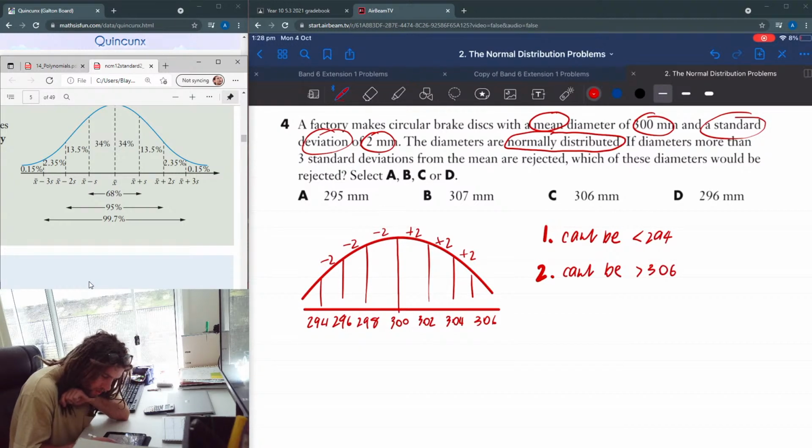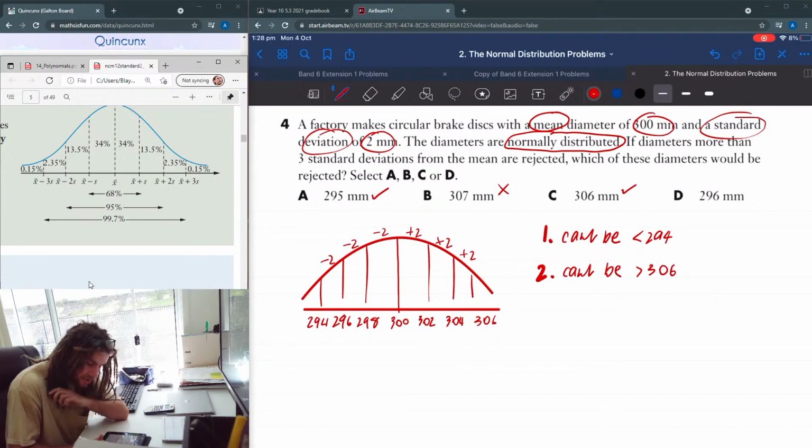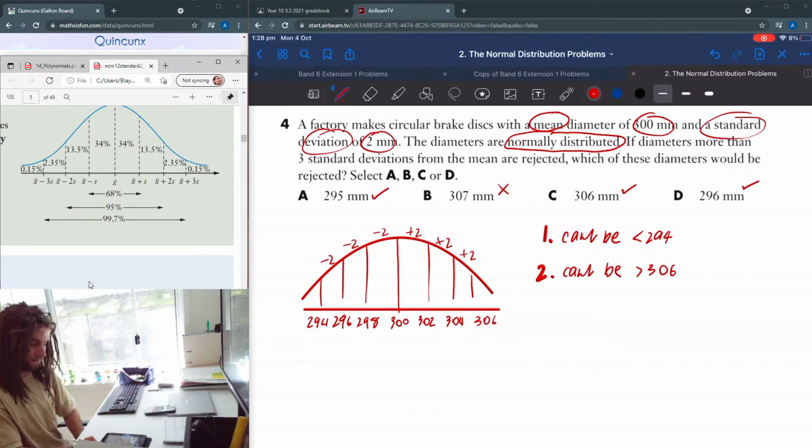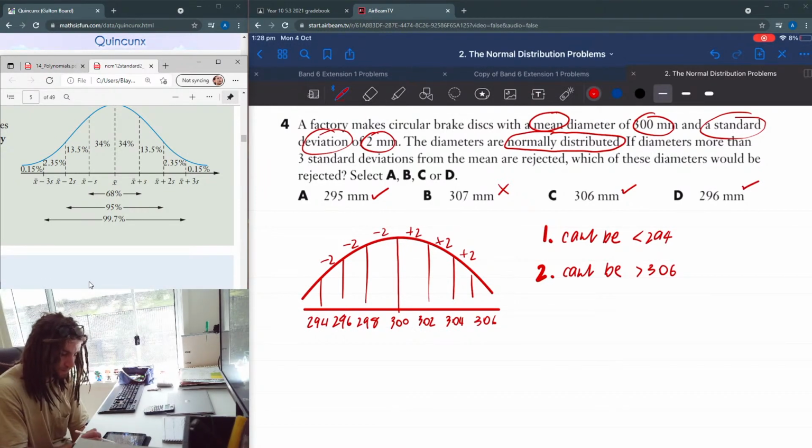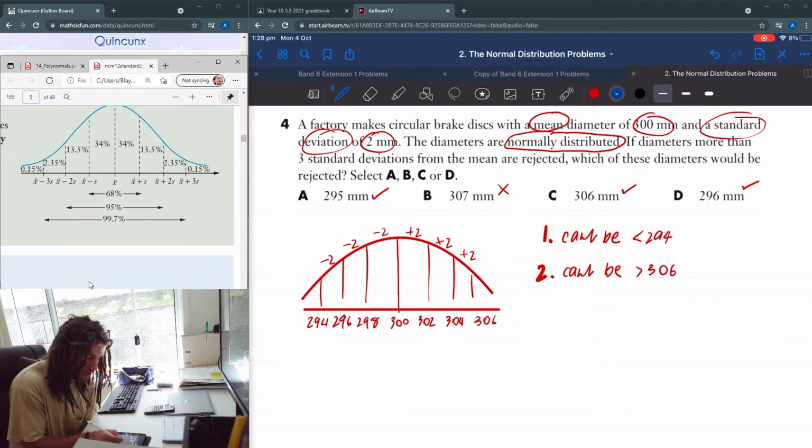That would be too big. So this one's fine because it's sitting in here. This 307, that's not good because that's over here, that's further than 3 standard deviations. That is exactly 3 standard deviations, so that just cuts it. And this one cuts it because that's exactly 2 standard deviations away. Okay, so then it would be this one.